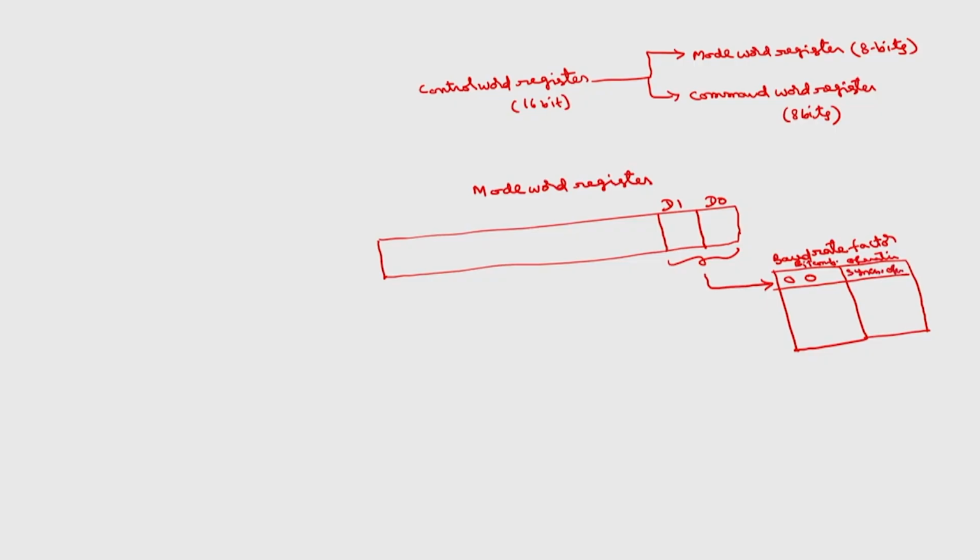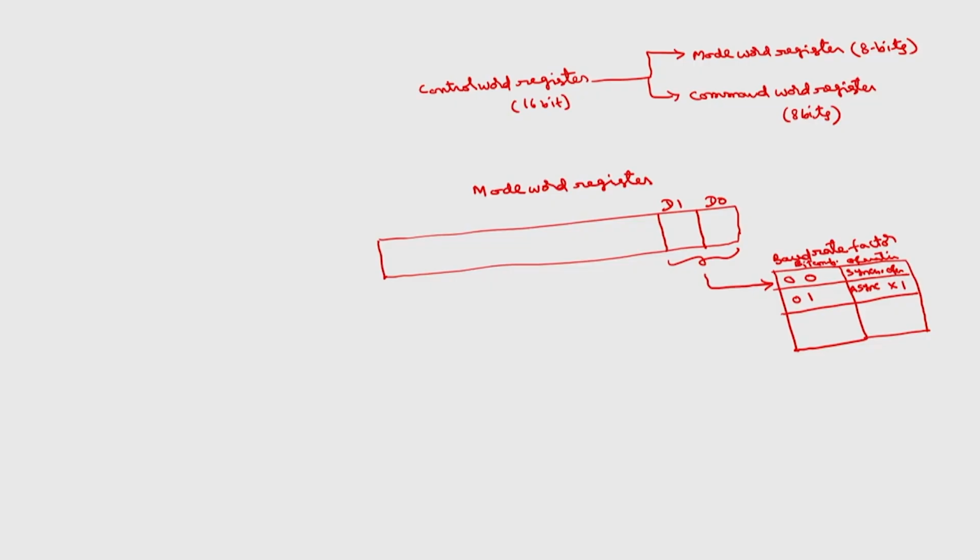As I have told, 8251 can operate in either synchronous mode or asynchronous mode. So, if this is 0 0, this is synchronous operation. If this is 0 1, then this is asynchronous operation, and the baud rate factor is 1. Whatever baud rate we have set is multiplied by 1, meaning it will be taken as it is.